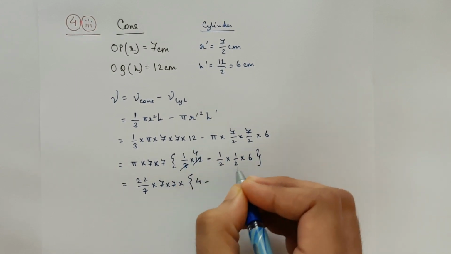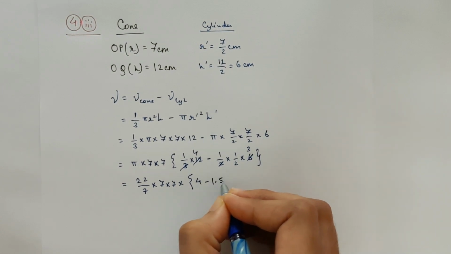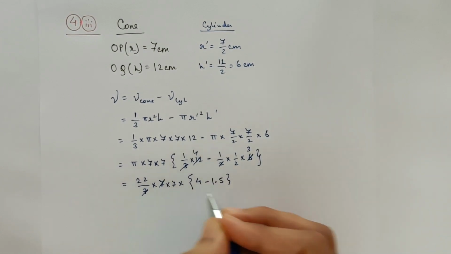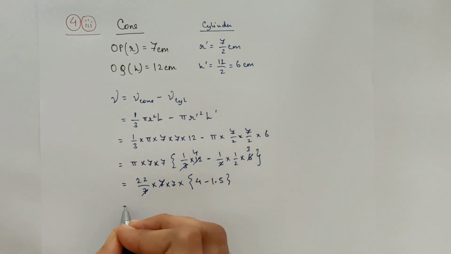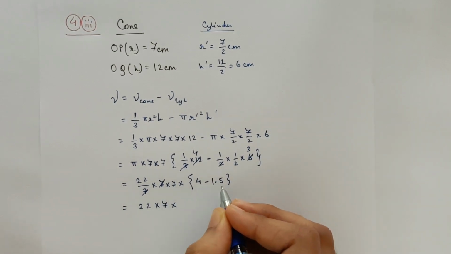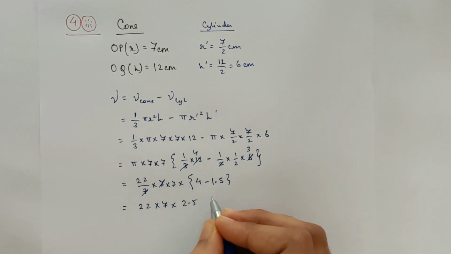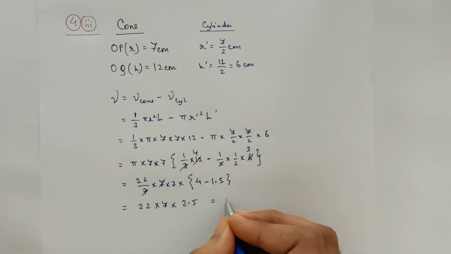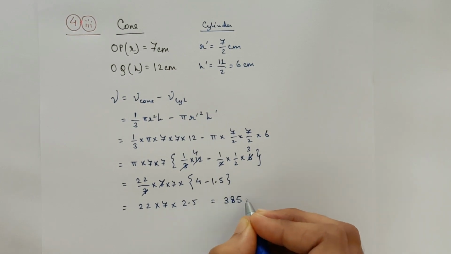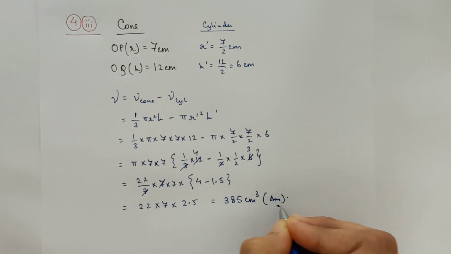So 4 minus 3/2, that is 1.5. And this 7 will get cancelled out. So what do we get? We get 22 into 7 into 4 minus 1.5, that is 2.5. So 2.5. When we multiply this, we will get 385 centimeter cube, which is the answer.